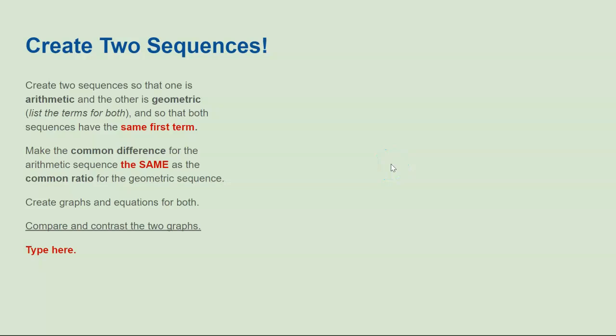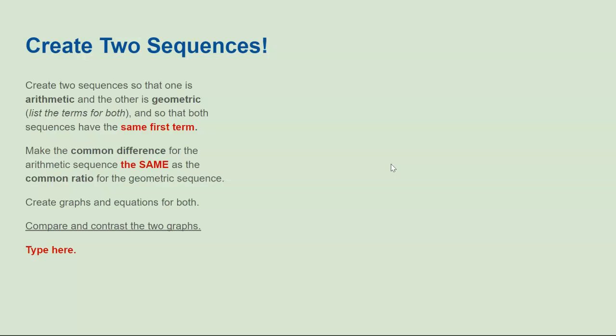So this last task is pretty simple. I don't think it'll take too long, but the kids should create their own sequence. And the key is I want both of their sequences to have the same first term. But one of the sequences should be arithmetic, and the other sequence should be geometric. And we want the common difference of the arithmetic sequence to be actually the same number as the common ratio for the geometric sequence.